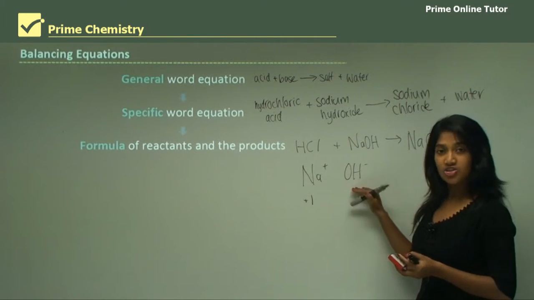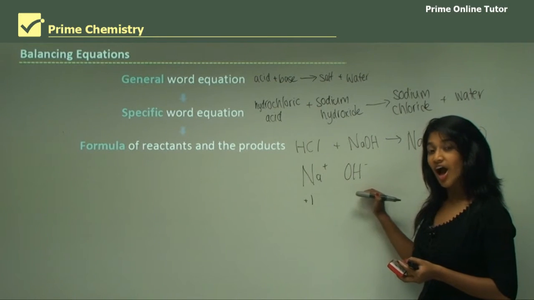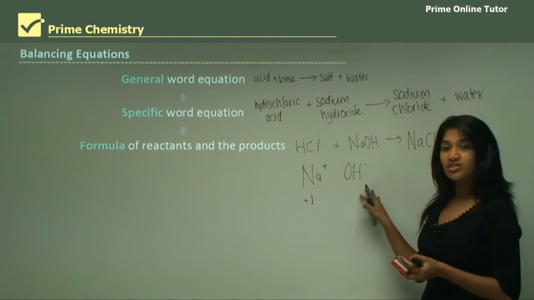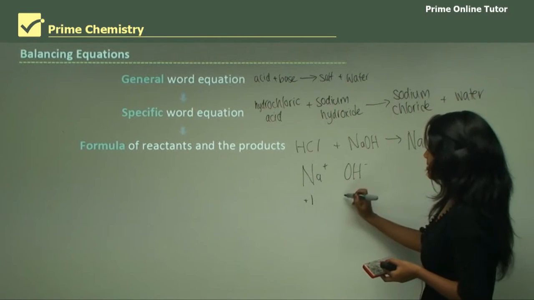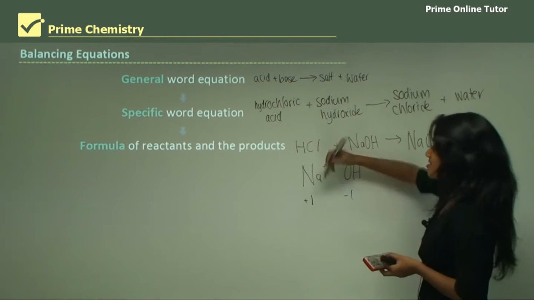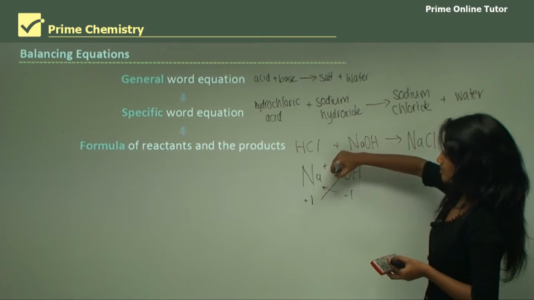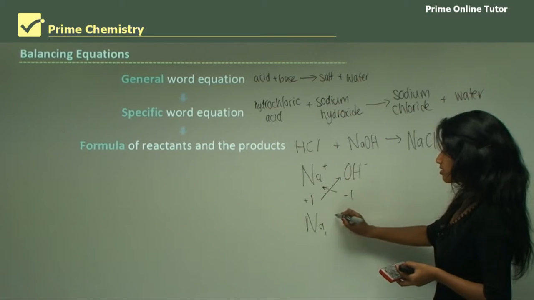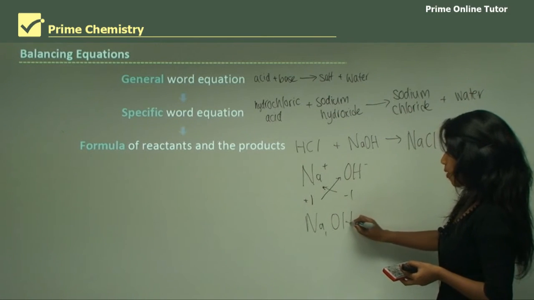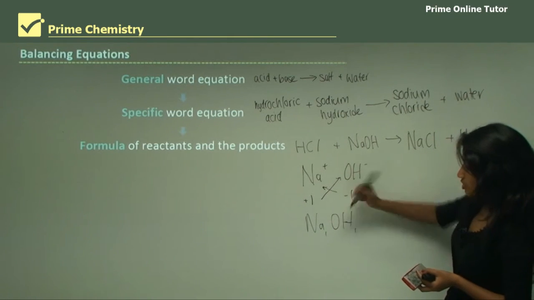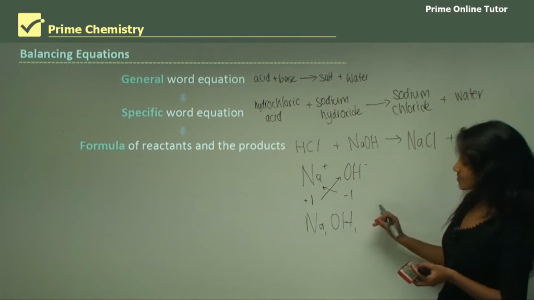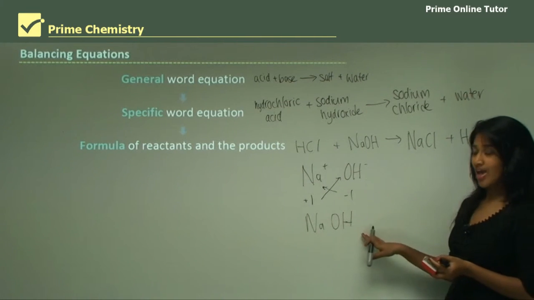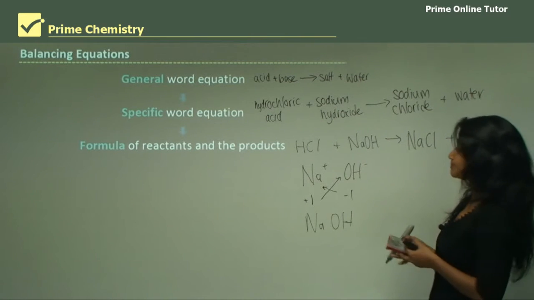So for now, just know that hydroxide, the hydroxide ion, which is OH minus, has a valency of -1. So it'll be -1 like that. Now you would cross them together and you would get Na1 OH1. Again, you don't write your ones in because they're just one. You would rub them out and you would have NaOH, as you can see here.